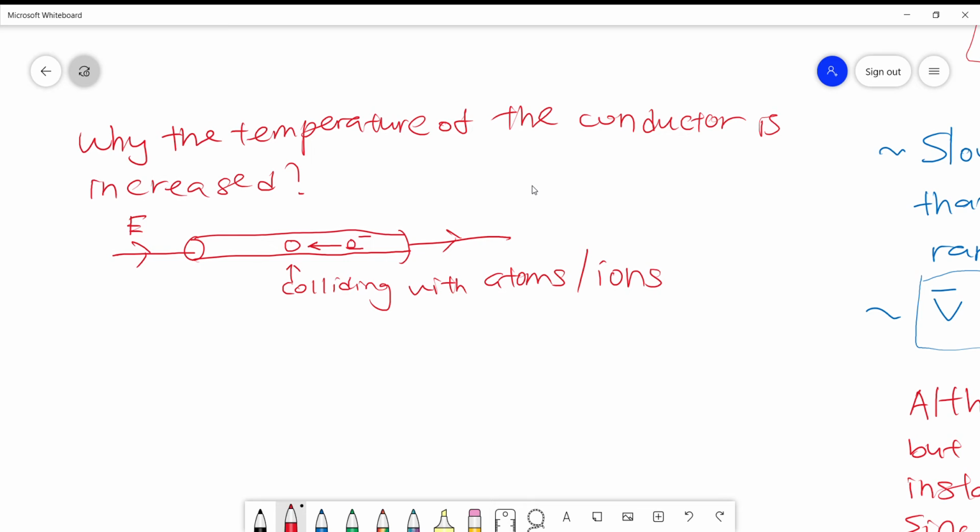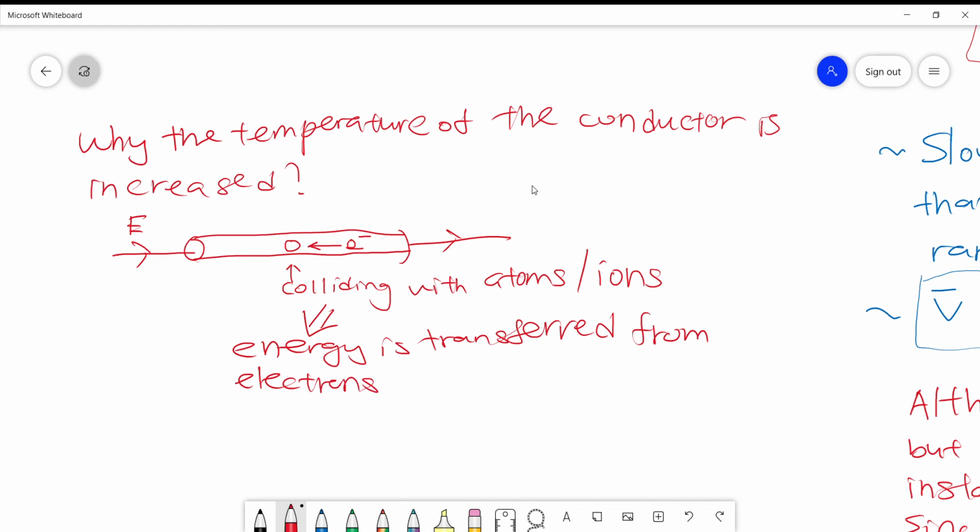So the collision causes energy to be transferred from the electrons to the lattice atoms. This is related to our previous knowledge from the chapter on heat transfer.